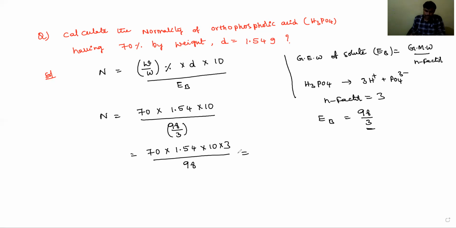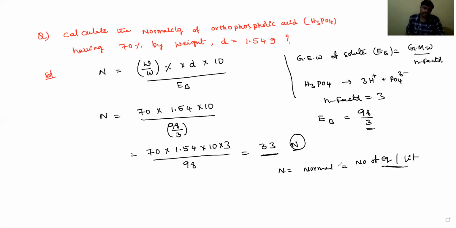On simplification we get 33 normal. Its unit is number of equivalents per liter. Normal, N, is nothing but number of equivalents per liter. This is the unit for normality.